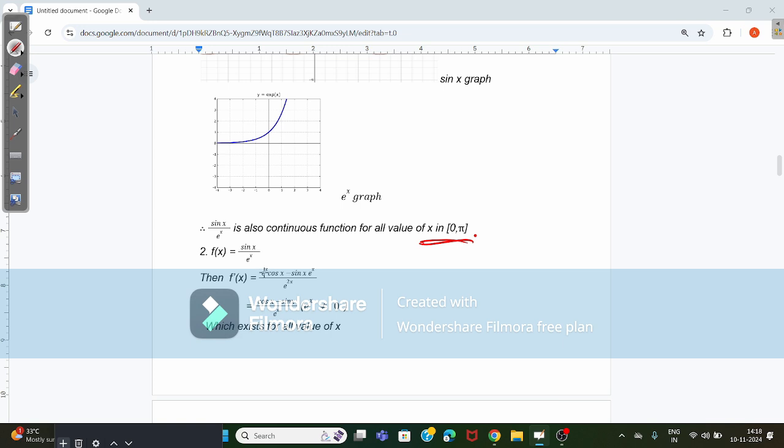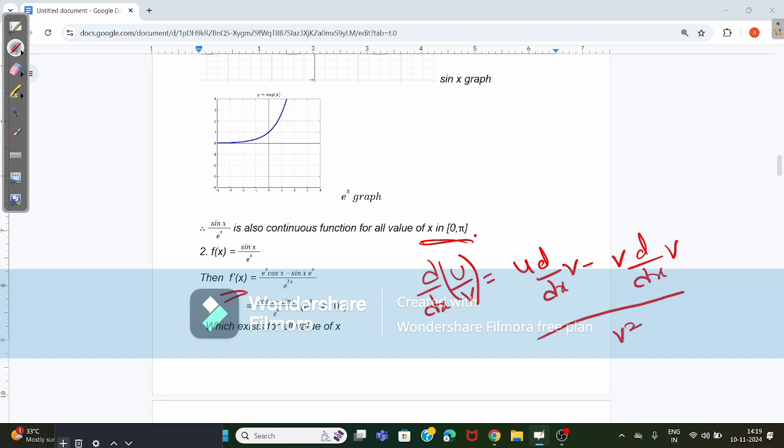Now f dash of x, we have to check the derivability. The formula is d by dx of u by v equals v d by dx of u minus u d by dx of v, by v square.